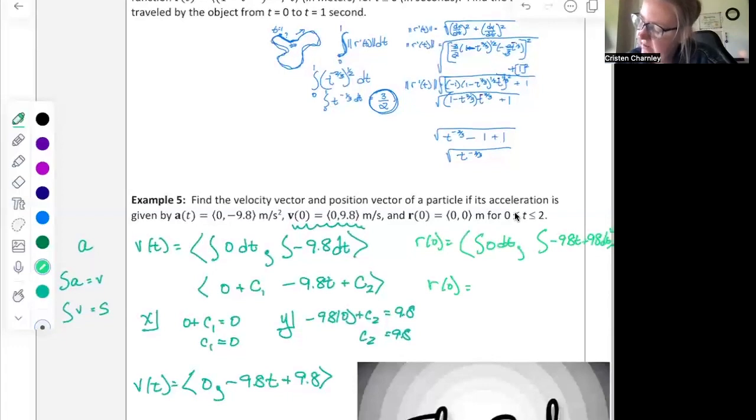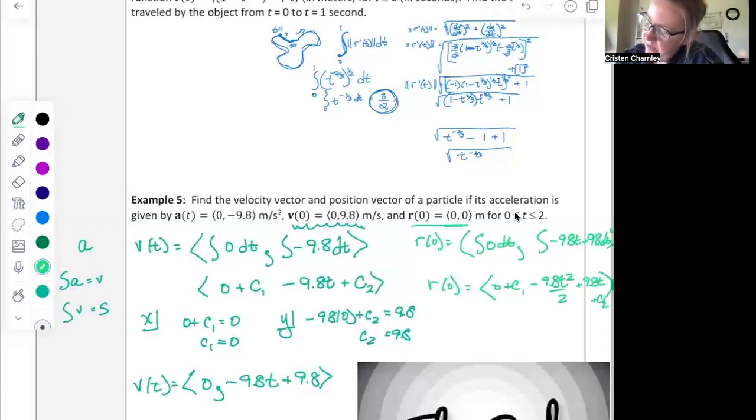The antiderivative of 0 is still 0, but we can add an integration constant. I'm going to restart C1 over here. It's a different C1 than the first step. I should probably use C3, but I'm not going to. The next antiderivative is negative 9.8 t squared over 2 plus 9.8 t plus C2.